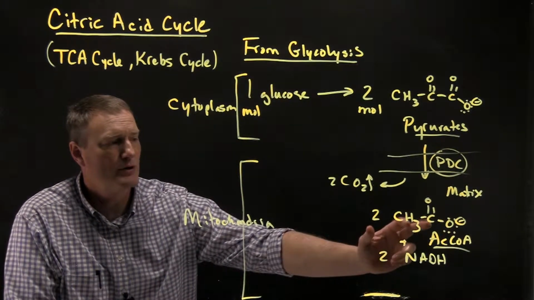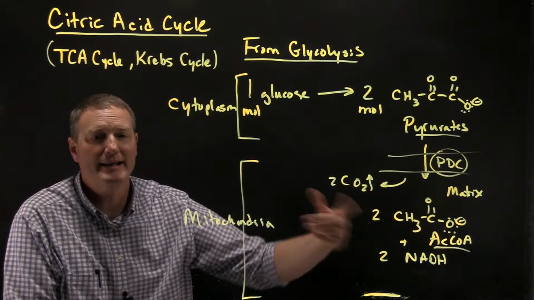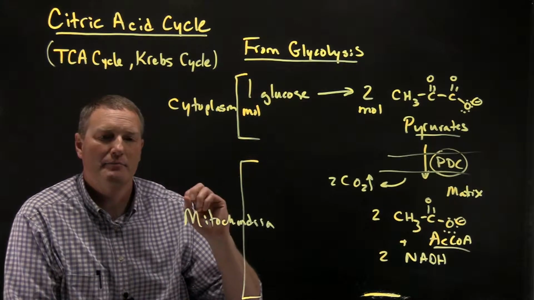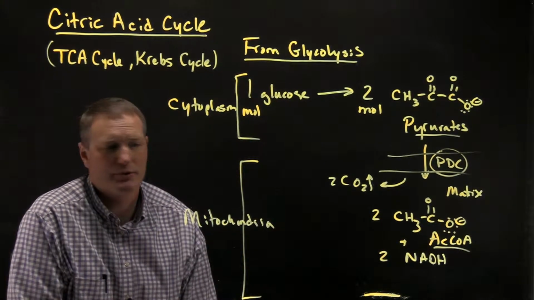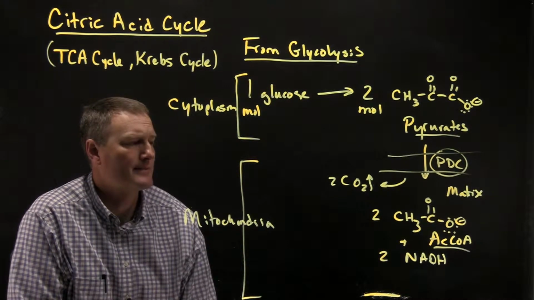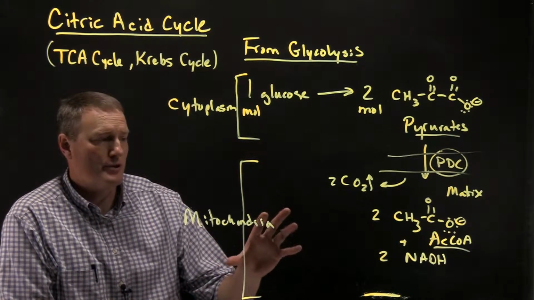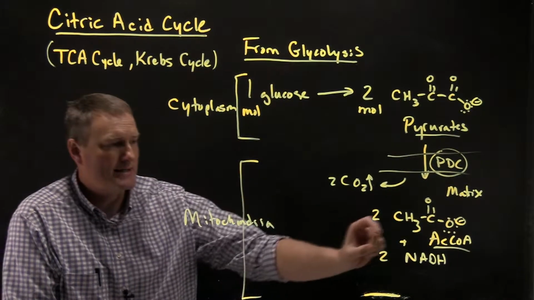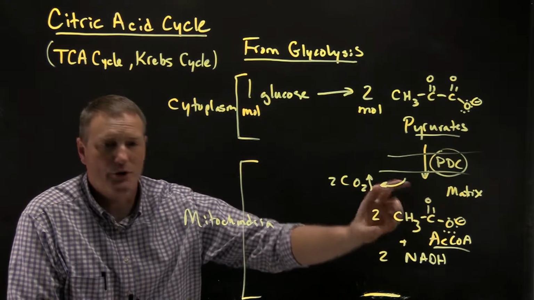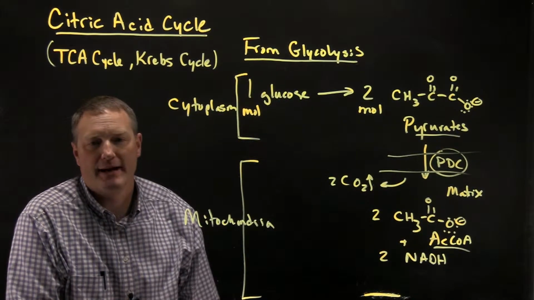And ultimately, those 2 carbons are going to become completely oxidized so that carbon dioxide is then produced as the final product. So what we're going to now do is go through the detailed process of how one of these acetyl-CoA subunits goes through the Krebs cycle.